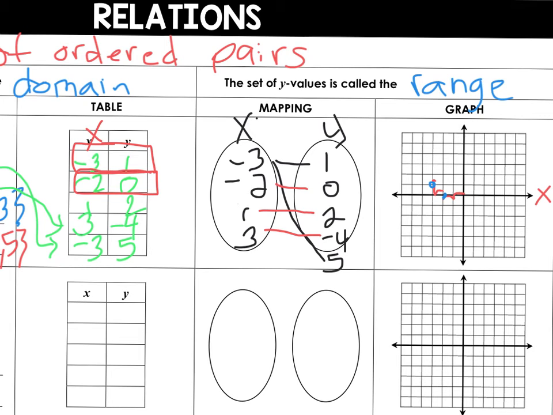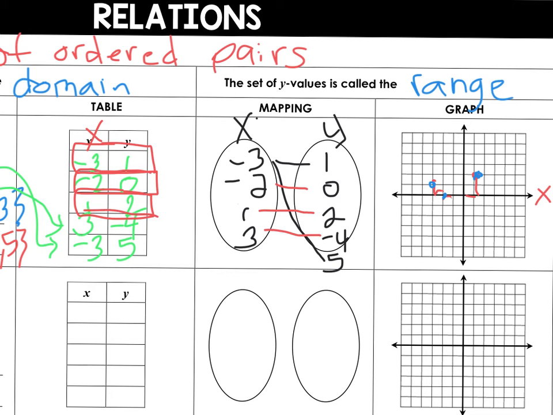We got our little point. Alrighty, and now we're going to do 1, 2. So let me erase that. All right. So 1, 2, so we're going to go over 1 and then up 2. So it's there. I'll put it in blue though, so it makes more sense.